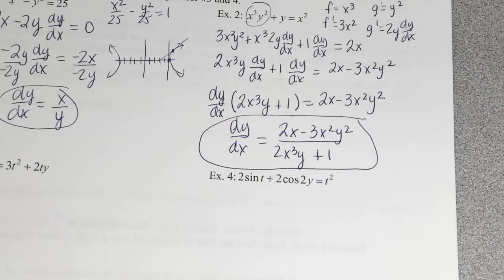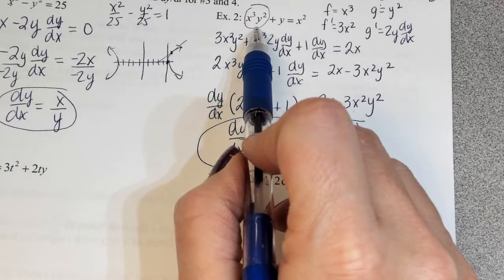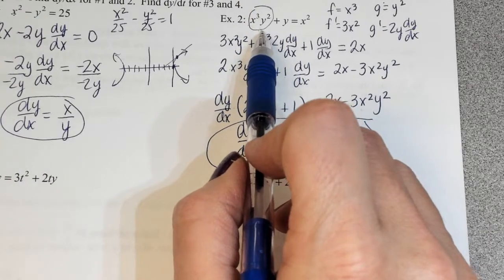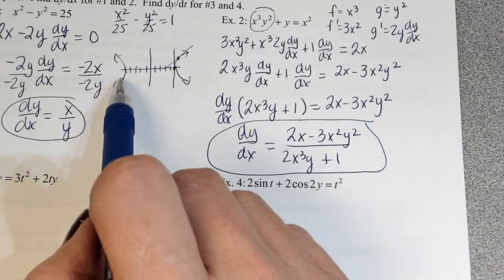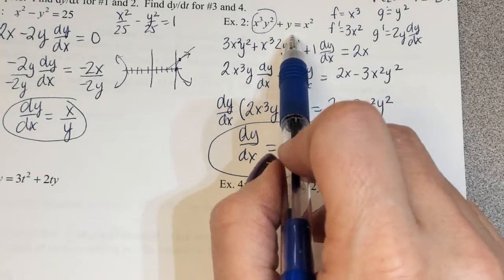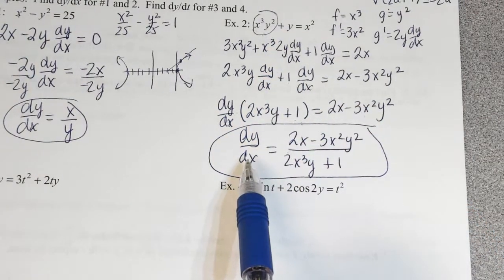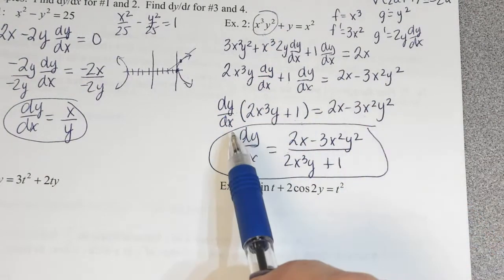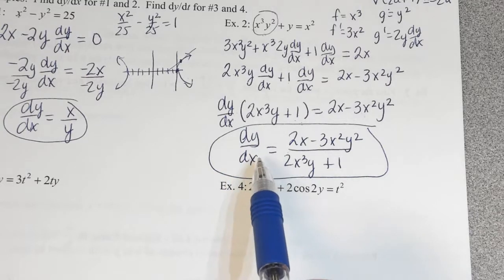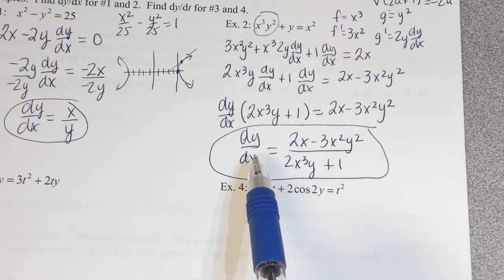That would be the equation to find the slope of the tangent line to this equation. Notice I'm not saying function. If I did say function, I shouldn't have. This is not a function, is it? Right? And neither is this one. If you were to solve this for y and graph it, you would see it's really not a function. So what we're doing now is we're able to find derivatives of equations that are not necessarily functions. Okay?